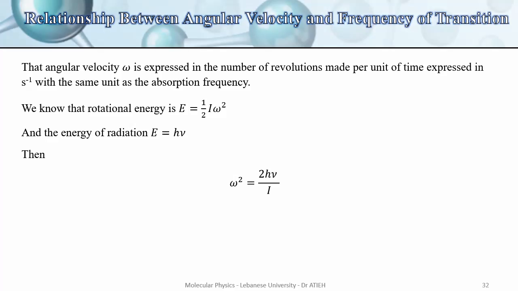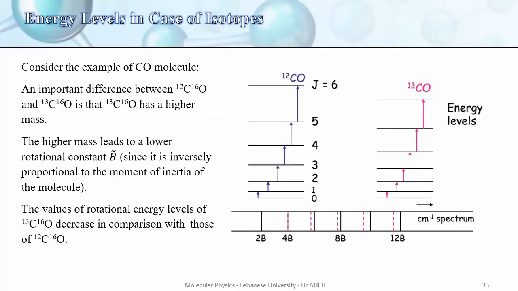And if this rotational energy is manifested by the radiation, it will be given as E equals h nu. Equating the two, we get omega squared equals 2h nu over I. This is the relation between the angular frequency and the frequency of radiation for a given transition.